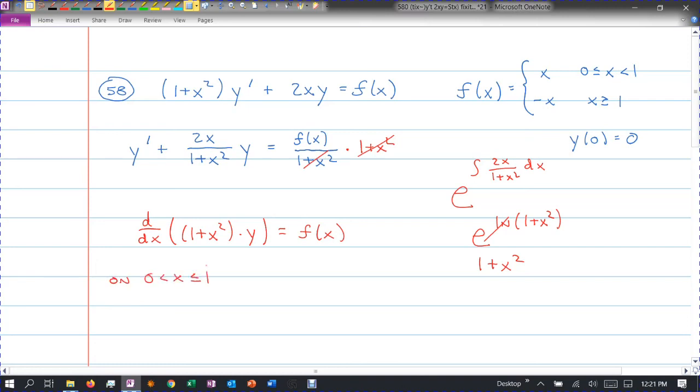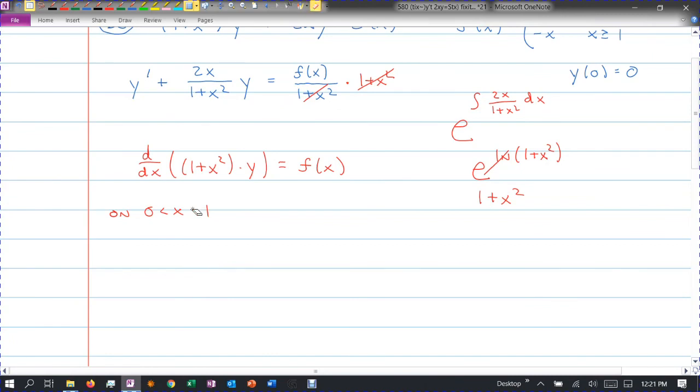On that interval, this just becomes d/dx of (1 + x²)y equals x. Now we integrate both sides with respect to x, so we get (1 + x²)y equals 1/2 x² plus some constant.